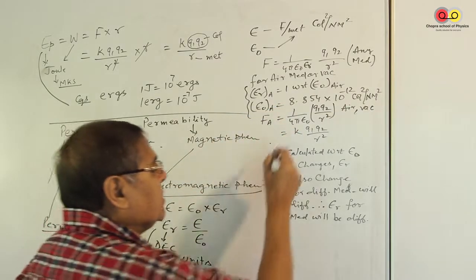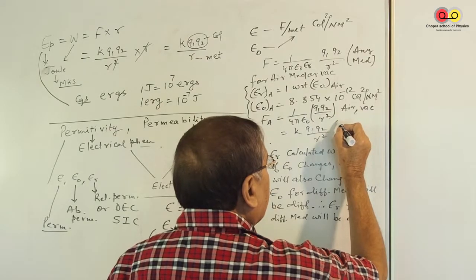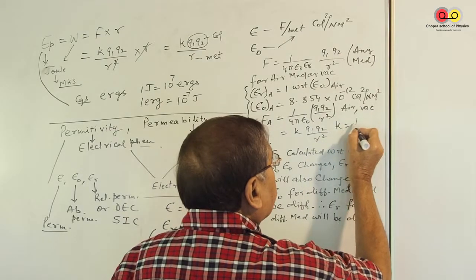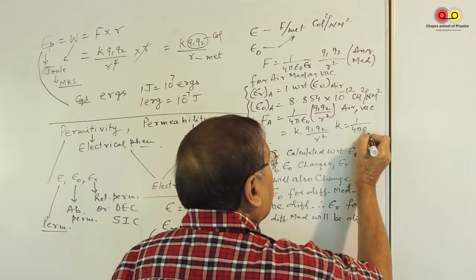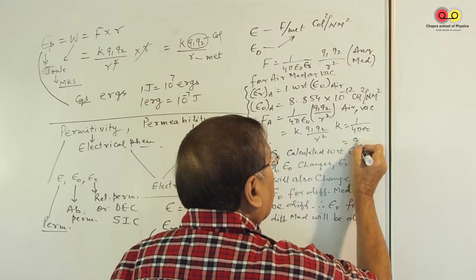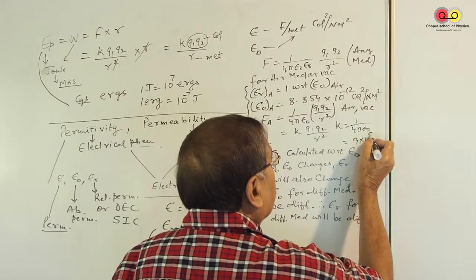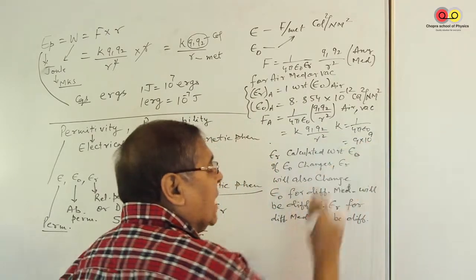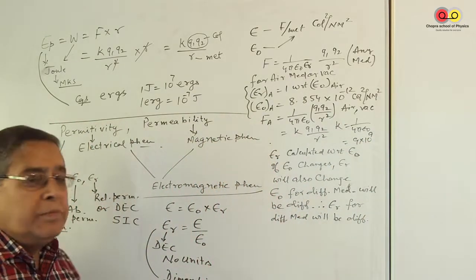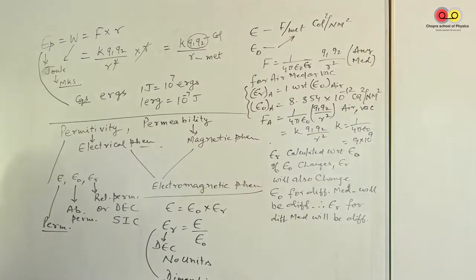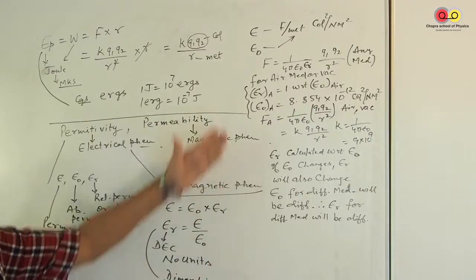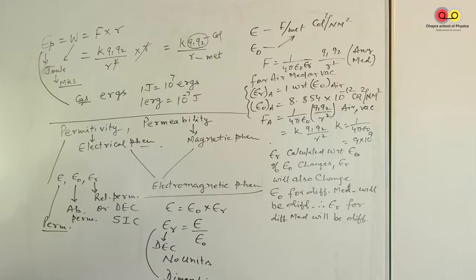In any calculation where we write K, K will be taken as 9 into 10 to the power 9. Units, I have already explained to you, Newton meter square per Coulomb square. So this is how we use dielectric constant.